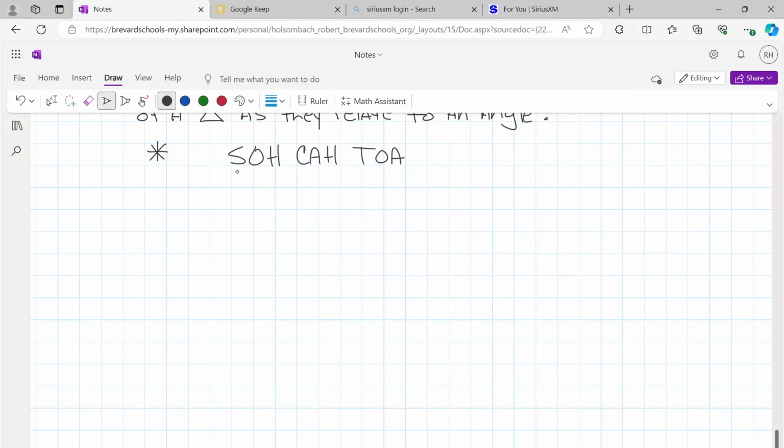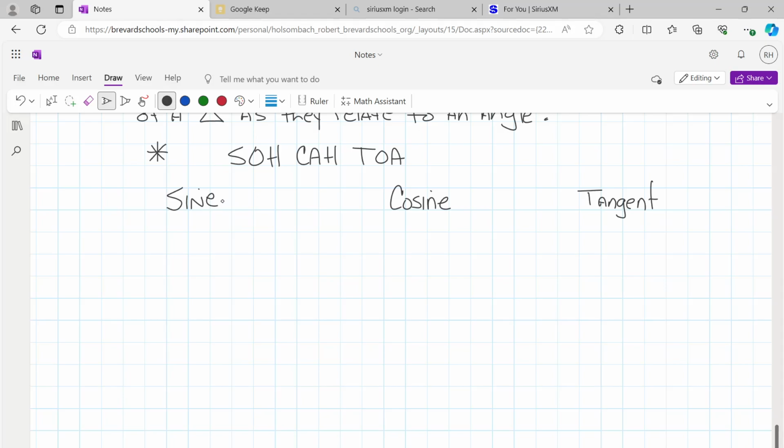Here's what I mean. There's three trigonometry ratios you're going to be working with this week. One of them is sine. Another one is cosine. And the third one is tangent. The S in SOH corresponds to the S in sine.